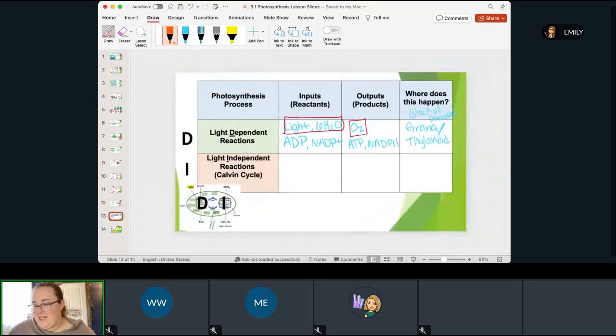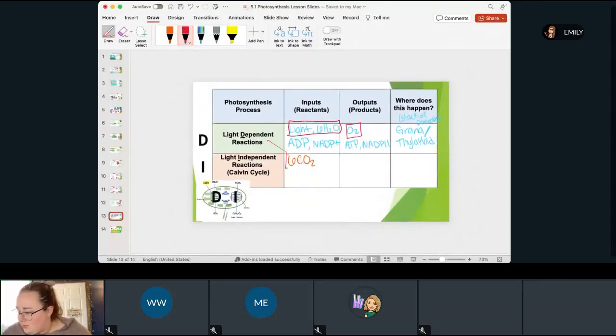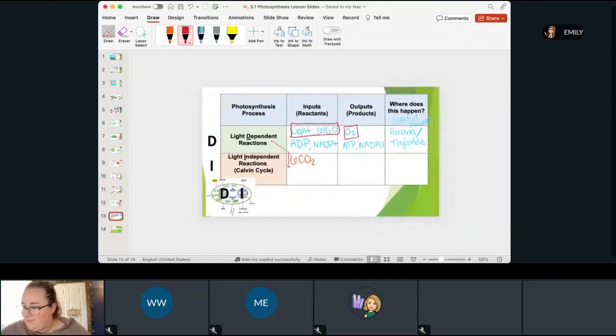So I need 6 CO2. Carbon dioxide is my big one. Sorry, I'm writing on my iPad and it doesn't always want to work for me. So that's my big reactant.